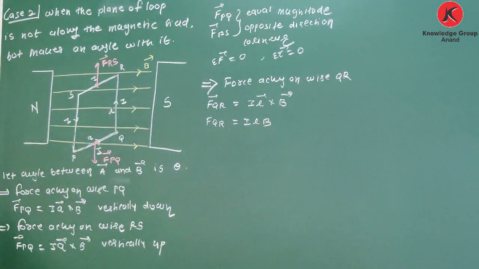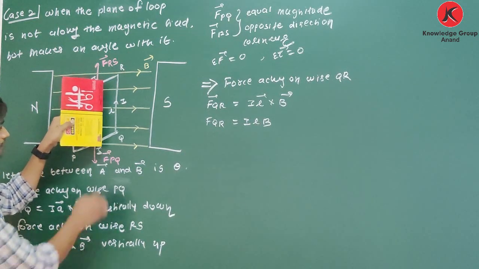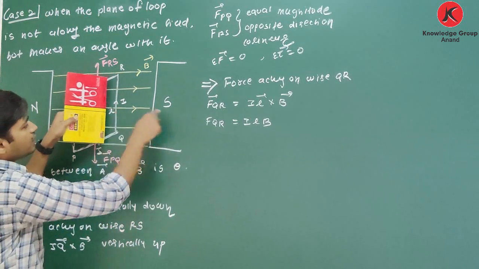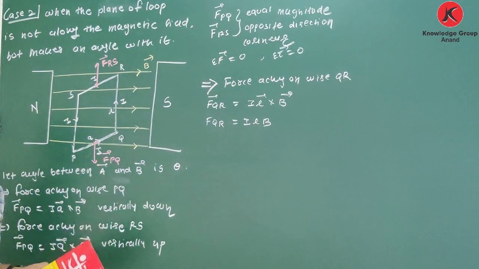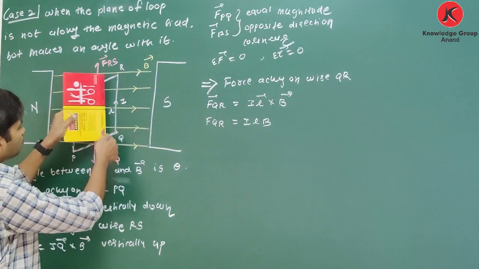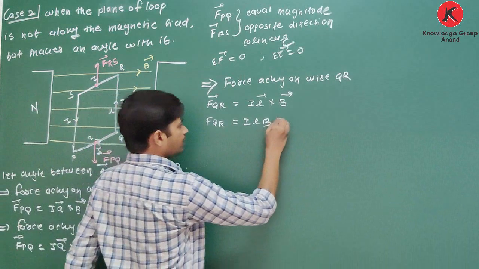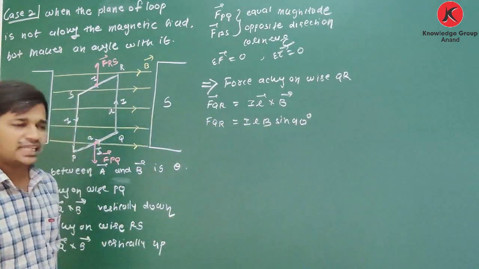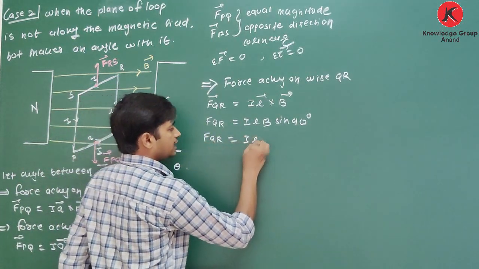What about angle? See, this loop is like this. Current is flowing in vertically upward direction, while magnetic field is in horizontal direction. What is angle between vertical and horizontal? 90. So it is sine 90, and sine 90 is equal to 1. So F QR is equal to I L B.